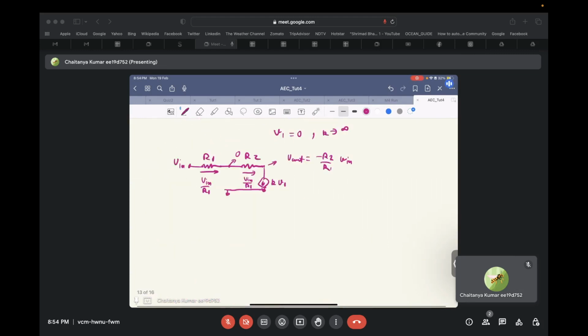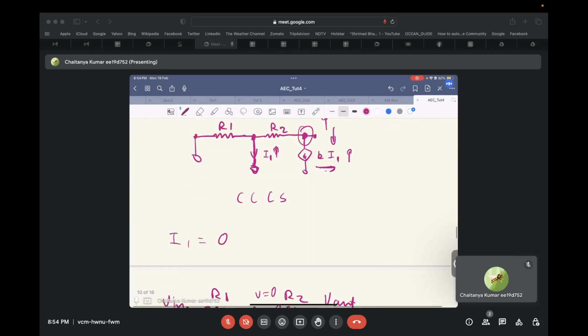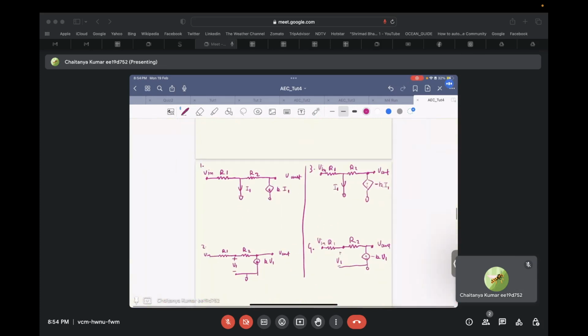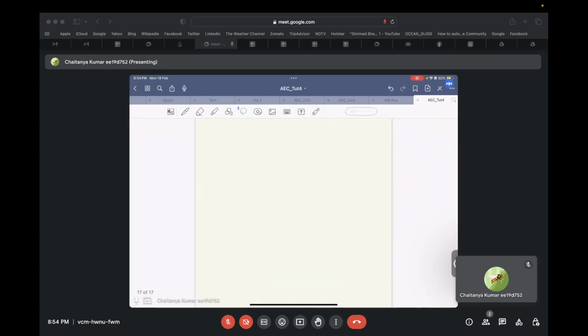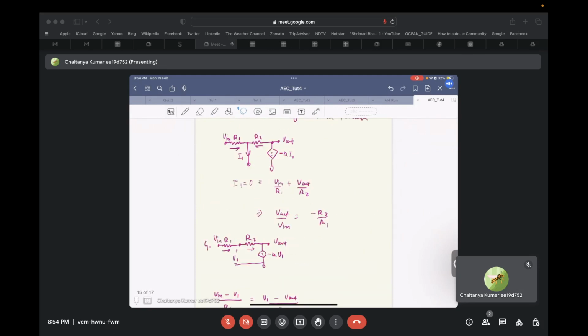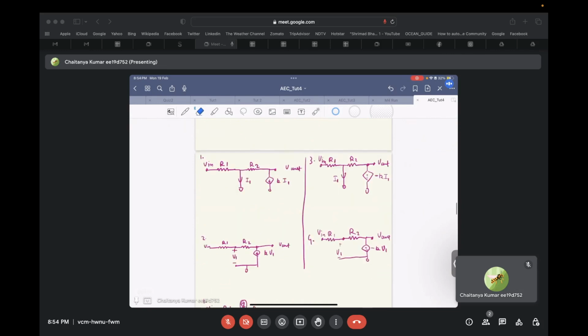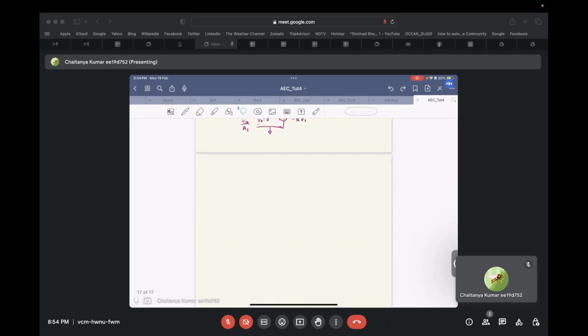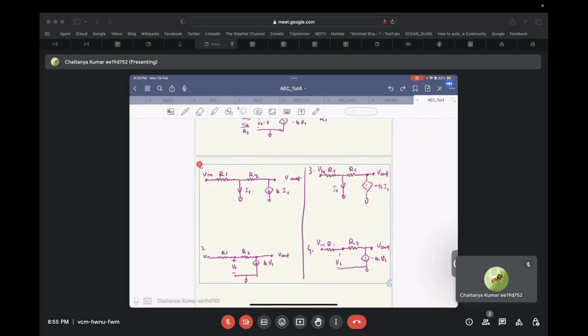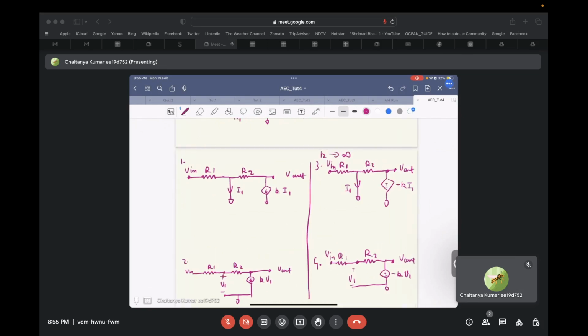So going to the circuits above as a summary, if K is tending to infinity in all four cases, I1 will go to 0.